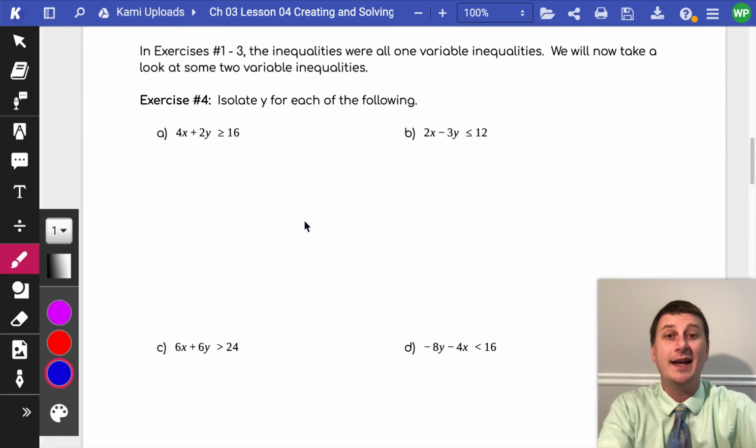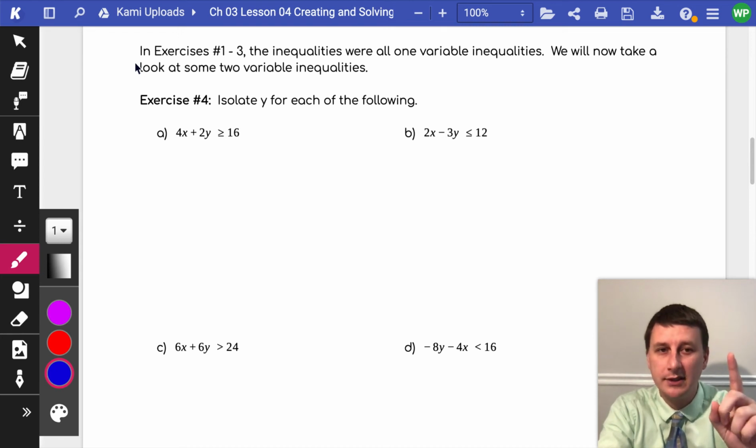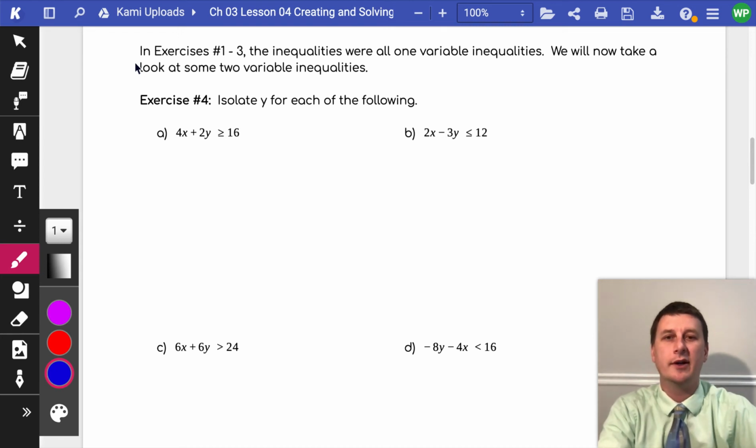Algebra 1. And in this video, we're going to continue on our journey through creating and solving linear inequalities. Now, if we take a look up here, it says in exercises numbers 1 through 3, the inequalities were all one variable inequalities. They only had x in them. But now we're going to take a look at some two variable inequalities.